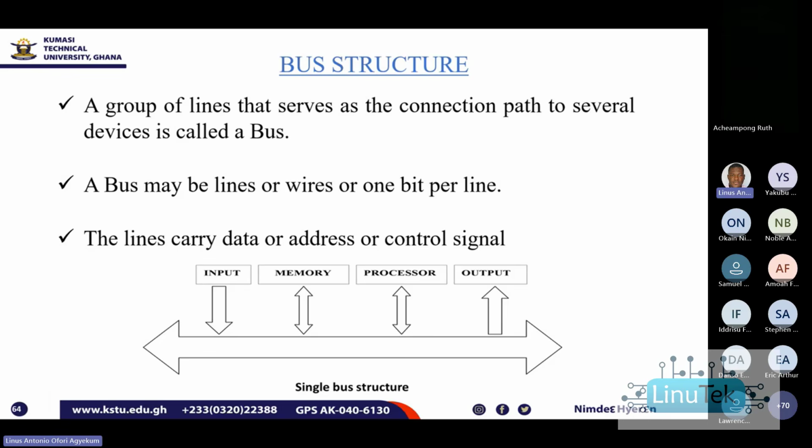The processor is also connected into and out of the path, and then the output device is also connected out of the path. Now, can anyone suggest or tell us why these arrows are looking the way they are, especially for the memory and the processor? Why do you think that there are bidirectional arrows, David?